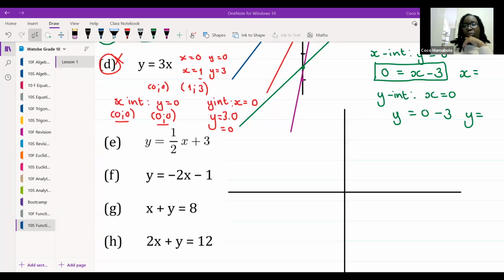Good, Lisa Kanya, excellent. X will be equal to 3. So my coordinate will be my x value.